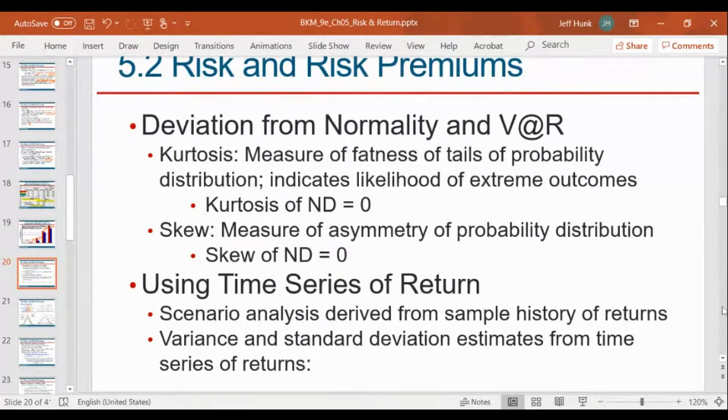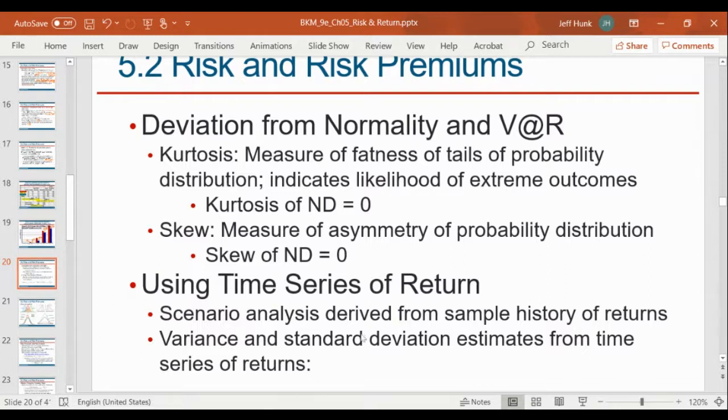But when we make judgment calls like that, it will be deviating from normality, right? All their gut feelings will be 100% deviating from normal distribution.